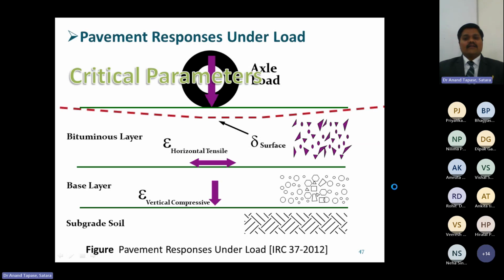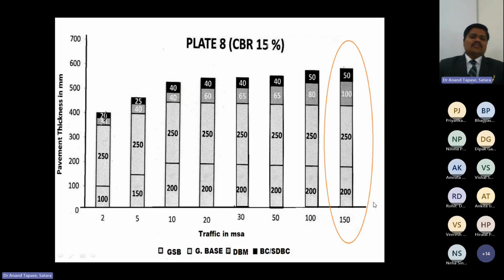So those are the critical parameters. This is one of the slides. We will be coming to this conclusion, but the conclusions we are supposed to draw from the design are these. We are supposed to develop design charts like this, wherein on the x-axis I have shown the traffic in million standard axles, and on the vertical axis it will be pavement thickness in mm.